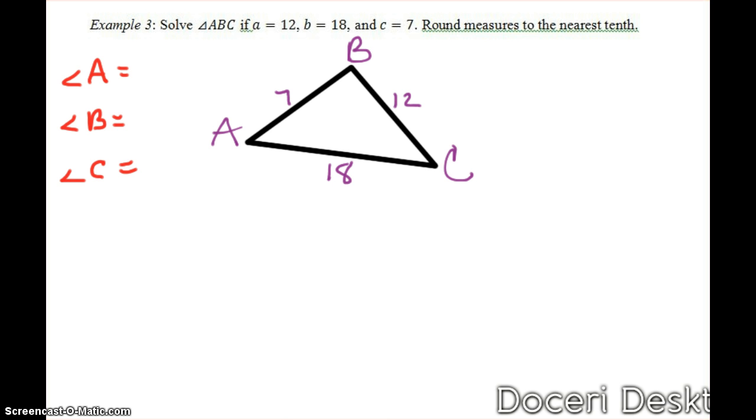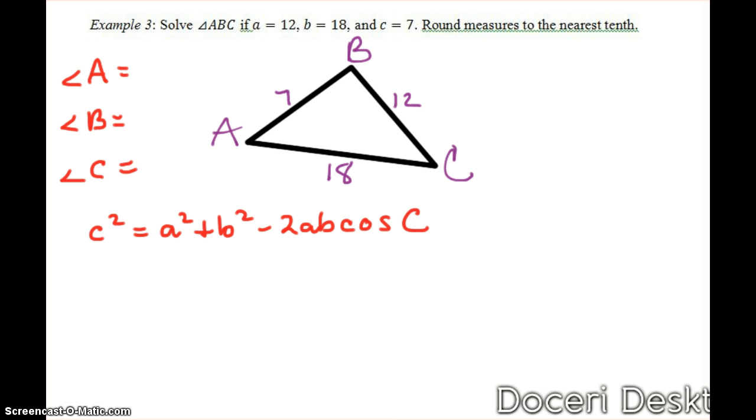Let's just start with the equation that we're given originally, which is c squared equals a squared plus b squared minus 2ab times the cosine of angle C. Since we have to find all of our angles anyway, we'll just start with angle C here.